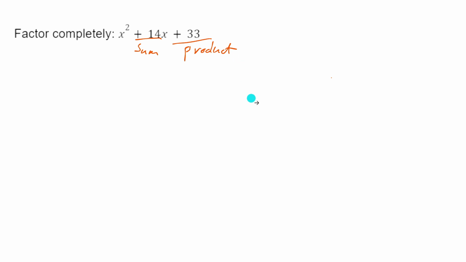And then when you add, it's going to be 14. Okay, I'll pause first for a while. You try to think of two numbers that when you multiply is 33 and then when you add is 14. So the answer should be what? You can pause first the video if you want to, but the answer should be positive 3 and positive 11.